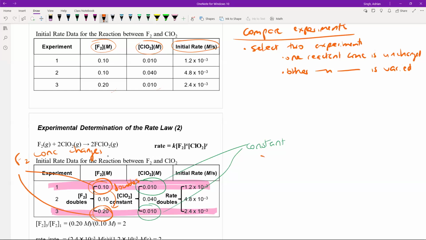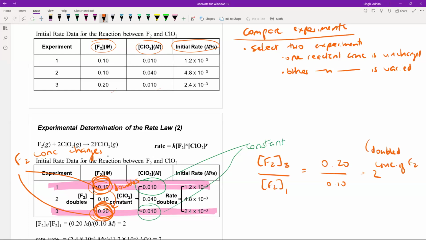So I can compare them directly. If I take the concentration of F2 in experiment 3 and divide it by the concentration of F2 in experiment 1, I end up with 0.20 divided by 0.10, that's 2. So here I doubled the concentration of F2. We didn't change the concentration of ClO2, so that stays the same.